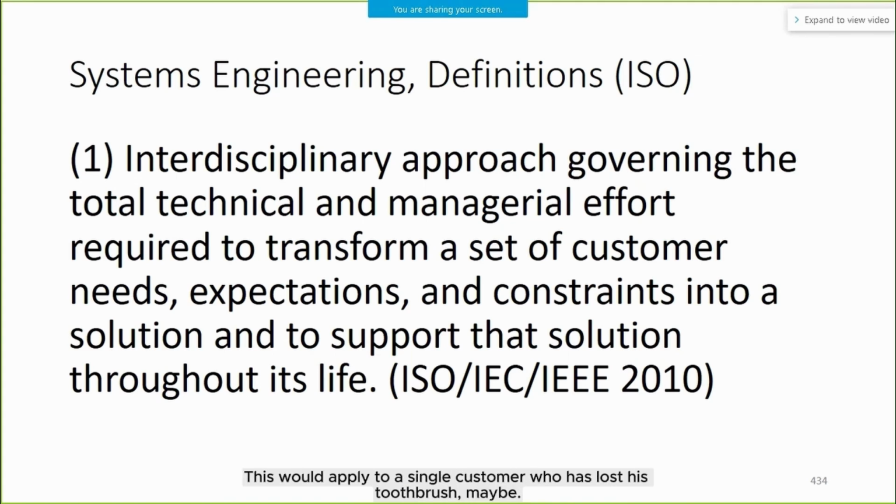So this would apply to a single customer who has lost his toothbrush, maybe. But it also doesn't deal with failure. It addresses the positive side, but it doesn't emphasize that the reason why you need the discipline of systems engineering is in order to cope with the phenomenon of failure.